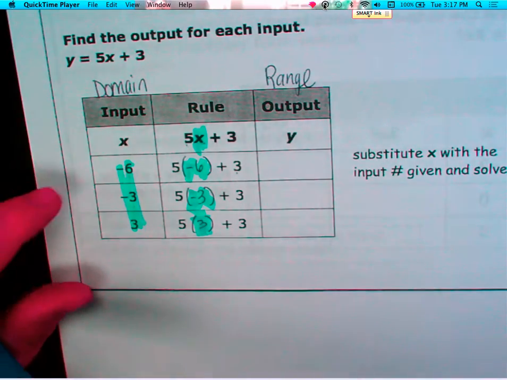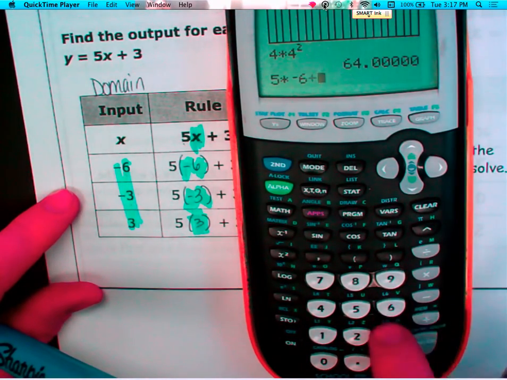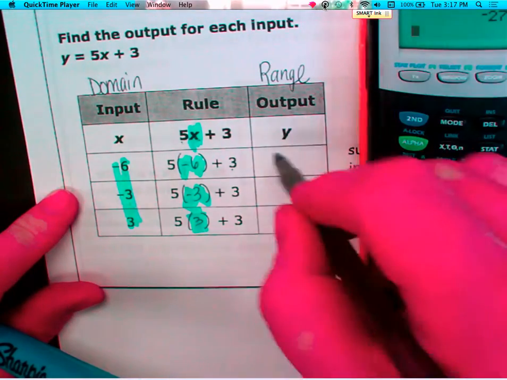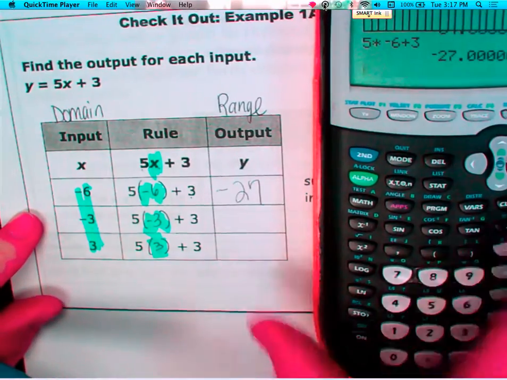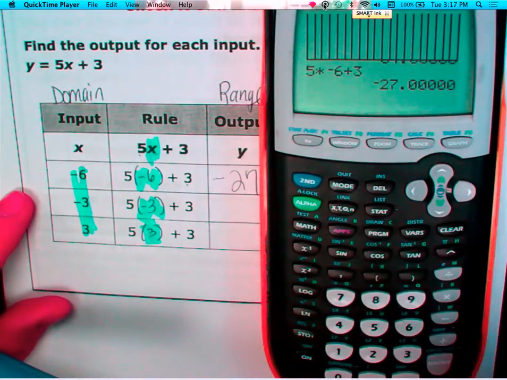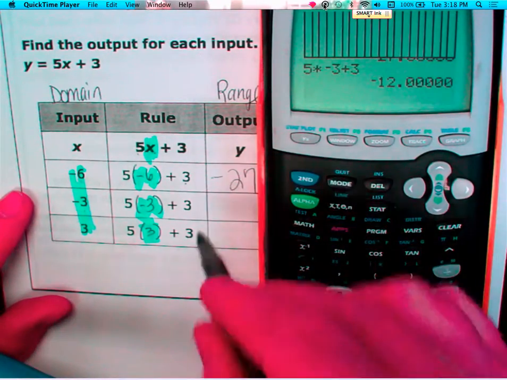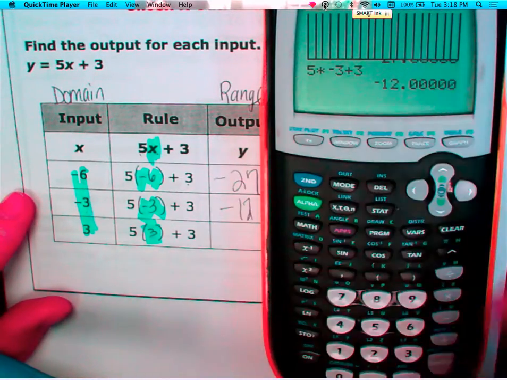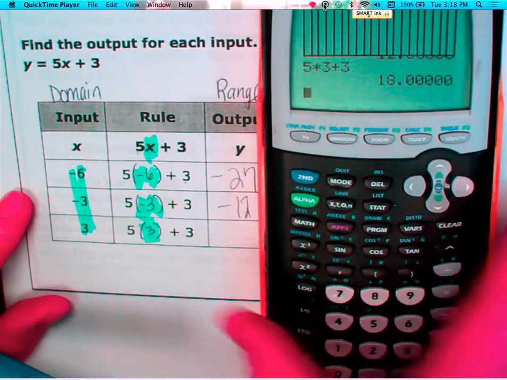So when I do these on my calculator here, 5 times -6 plus 3 gives me -27. The next one there is going to be 5 times -3 plus 3 gives me -12. And then the last one, 5 times 3 plus 3 gives me 18.